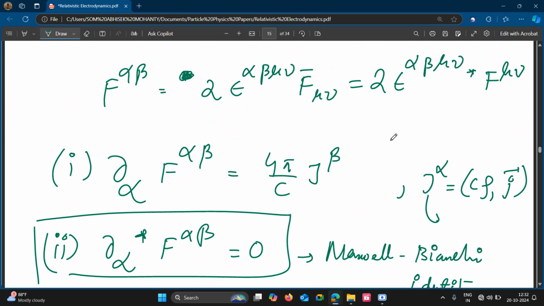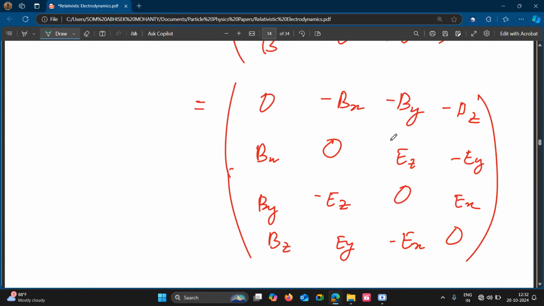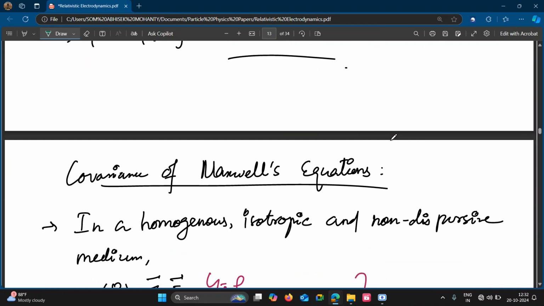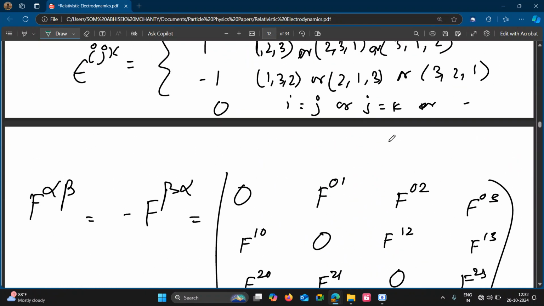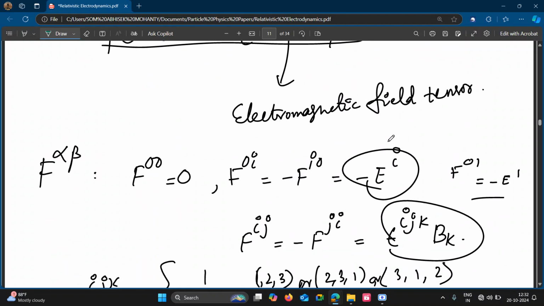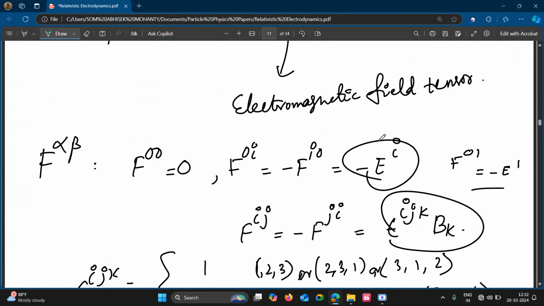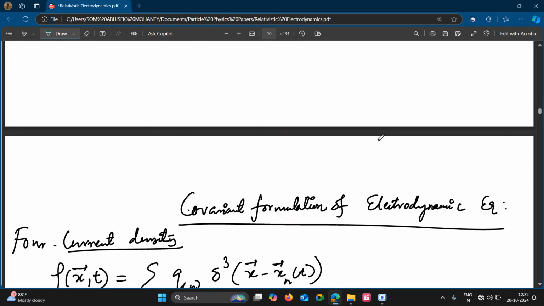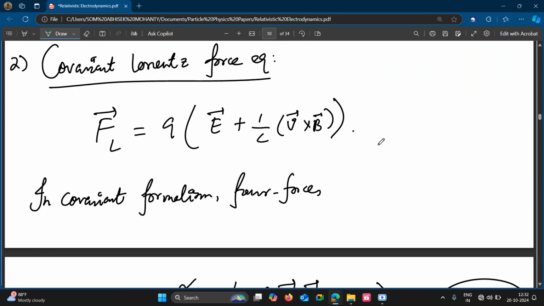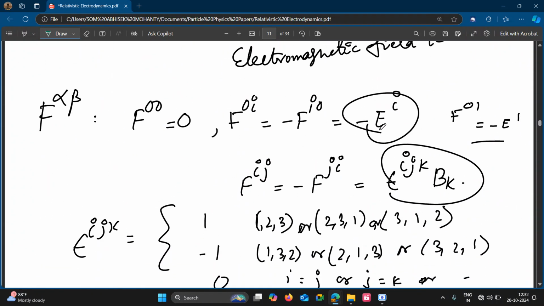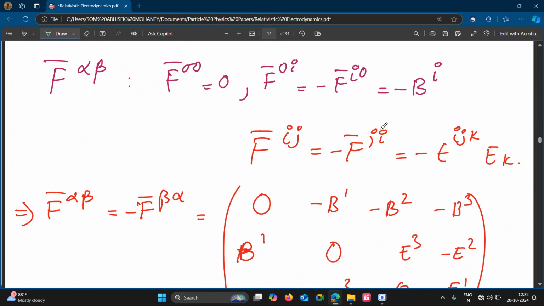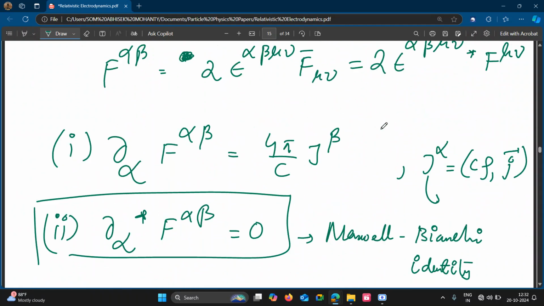Right? So these are some things that you really need to consider: covariance of Maxwell equations, the antisymmetric electromagnetic field tensor, where there is a swapping of places for magnetic field and electric field, four current density, four force, four velocity, four acceleration, all those things we have studied in the previous class.